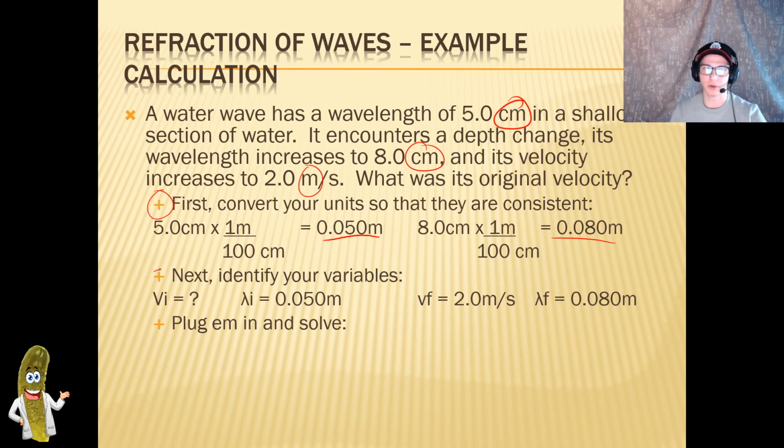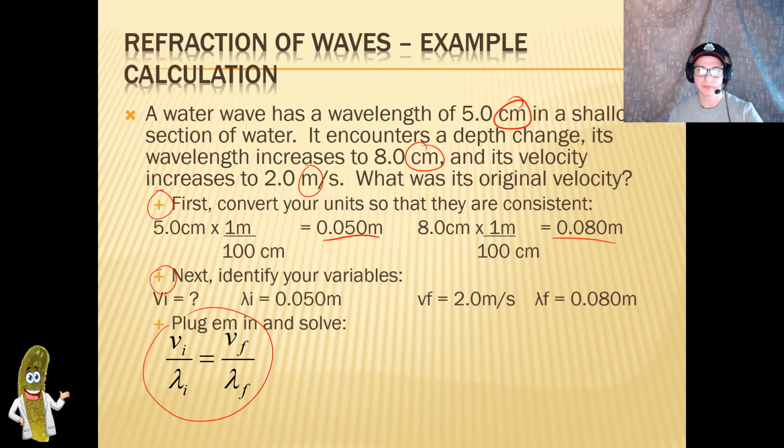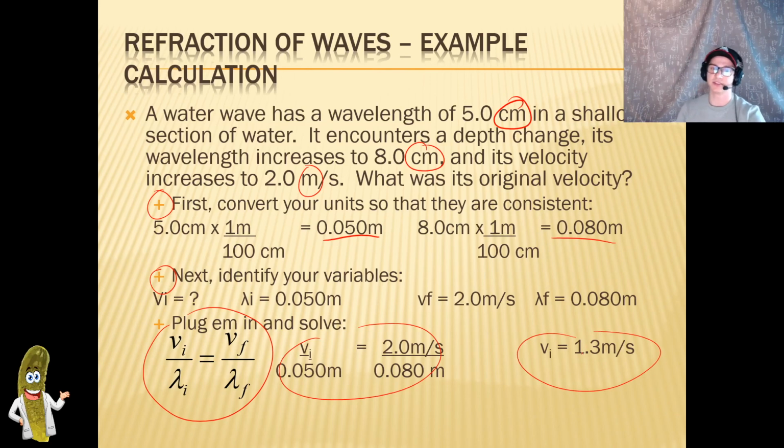The second mark will always be, have you identified your variables? Have you correctly said, this is the initial velocity, this is the final velocity, etc.? And then working through it, usually the work itself is a mark, and then the actual answer itself is also a mark. So that question would be worth 5 marks.